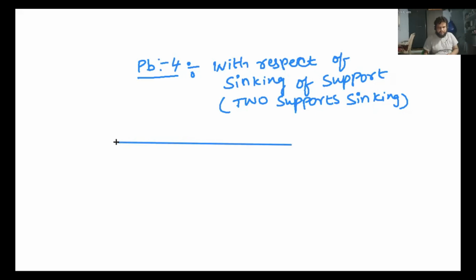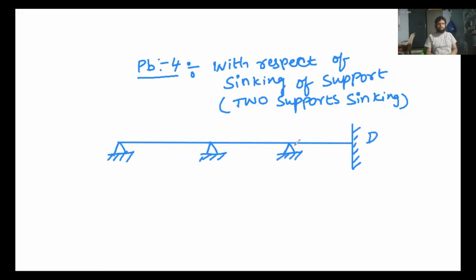So this is the span ABCD, the continuous beam A, B, C, D, with D fixed.